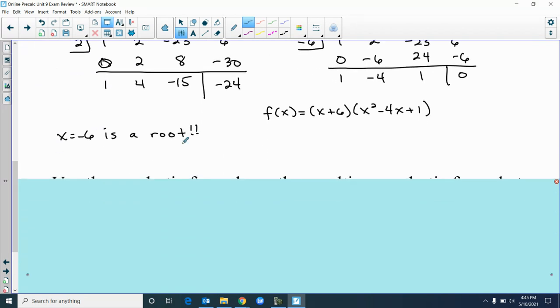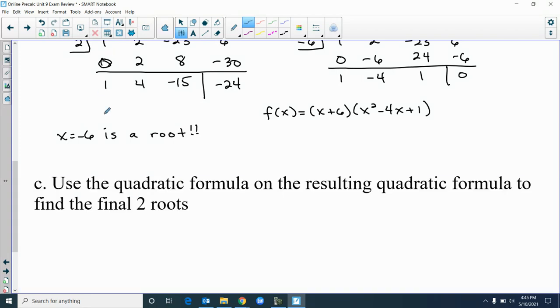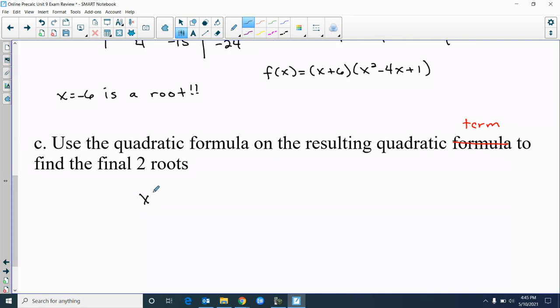Well, what we do now, as you take a look at part C, is use the quadratic formula on the resulting quadratic term to find the final two roots, which means we have to take x squared minus 4x plus 1, and I got to use the quadratic root formula on there.